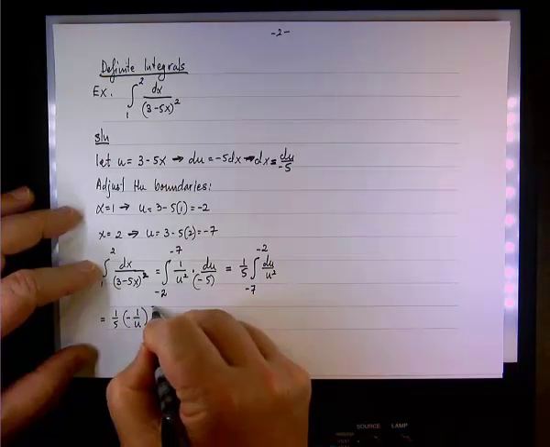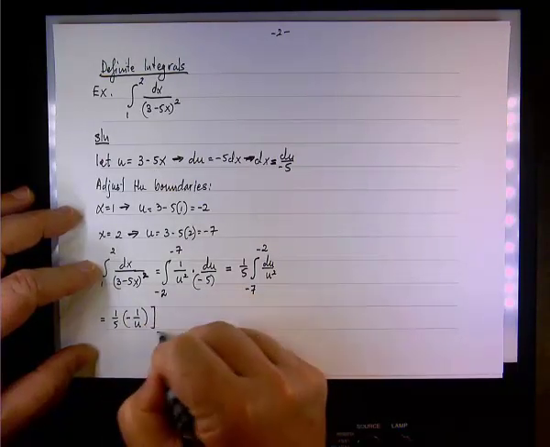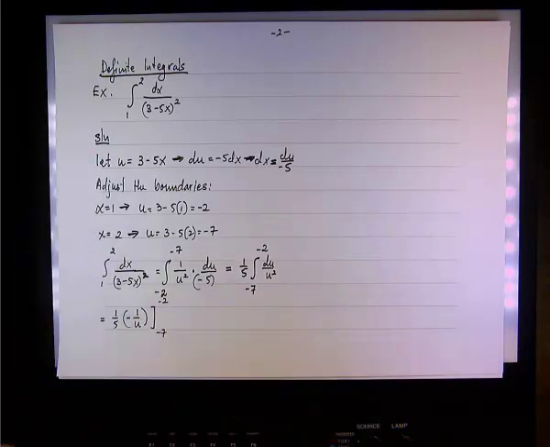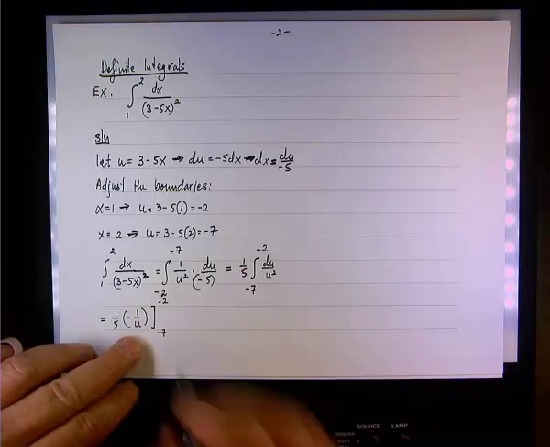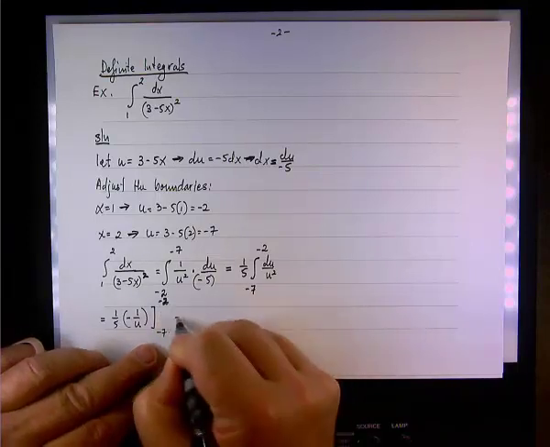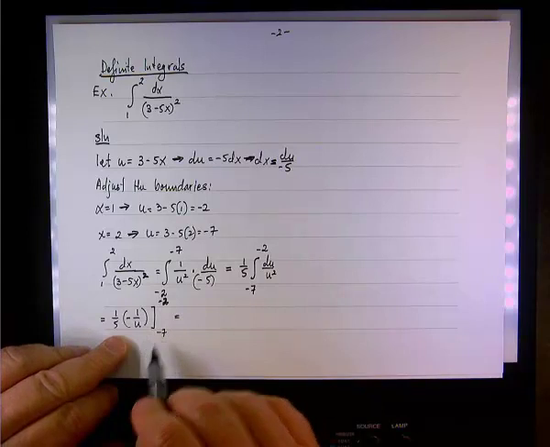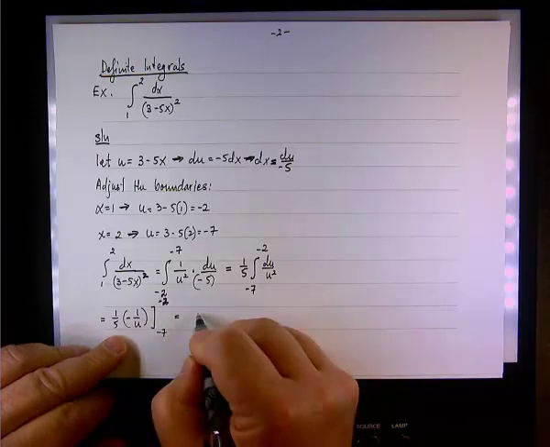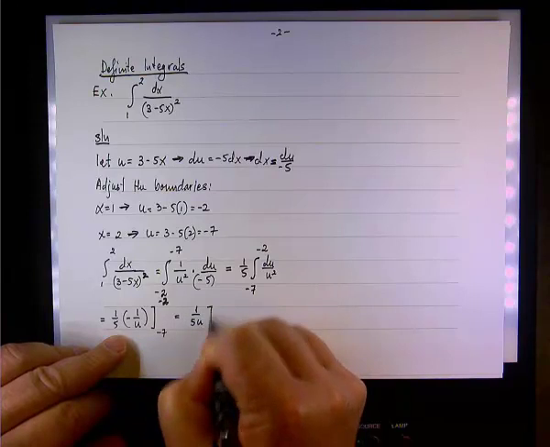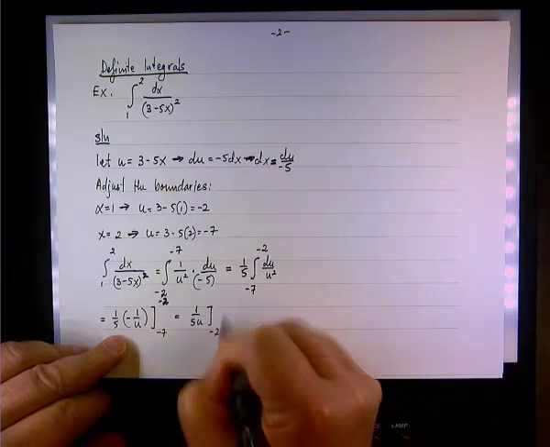And the boundary is negative 7 to negative 2. So we are back to negative stuff. Just for practice, if you don't want to have too many negatives, go ahead and flip it again. So you have 1 over 5u positive, and flip the boundary again from negative 2 to negative 7.